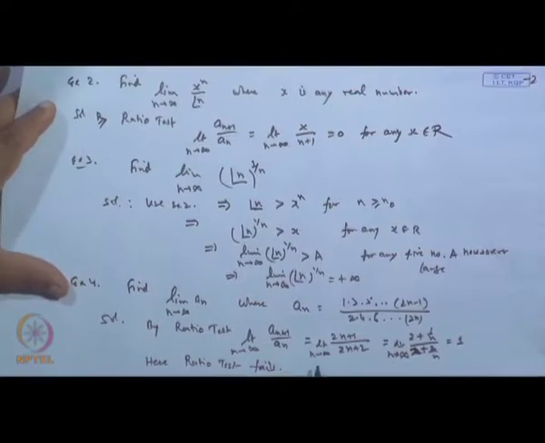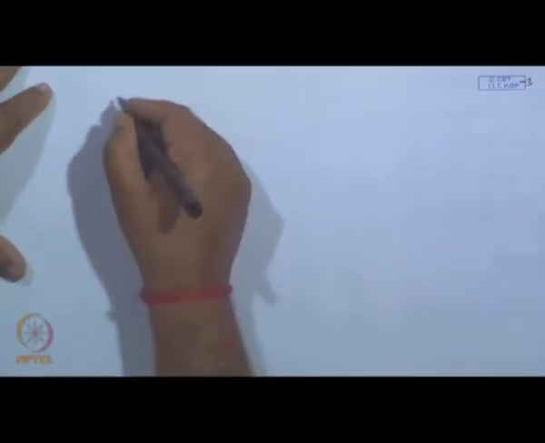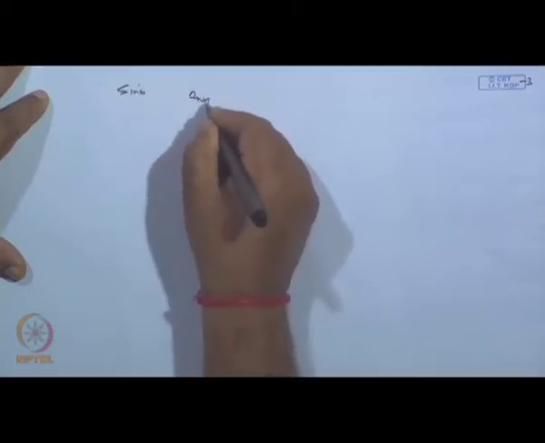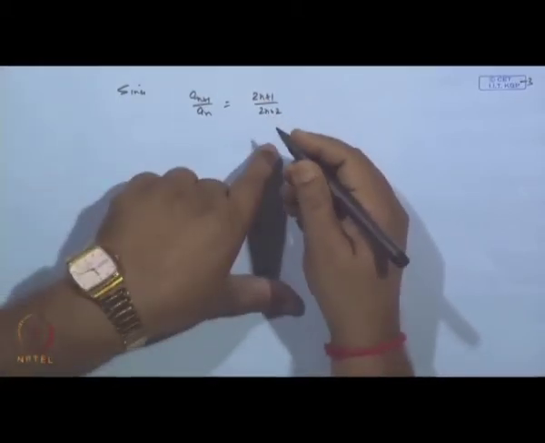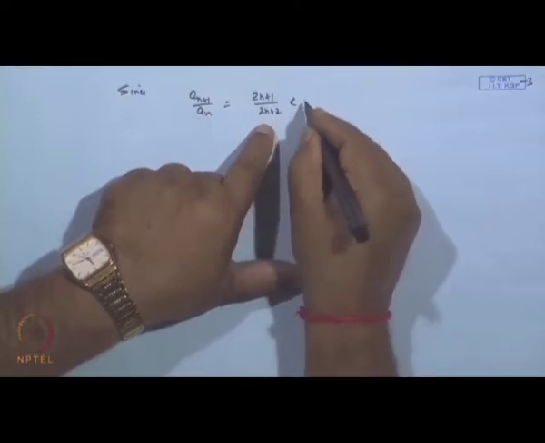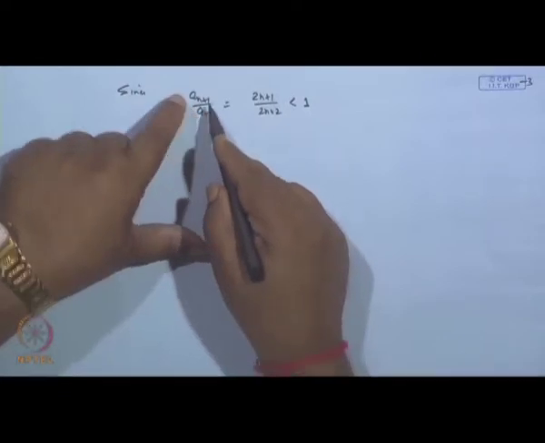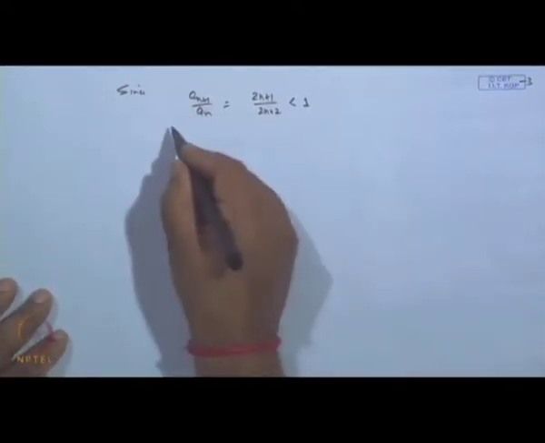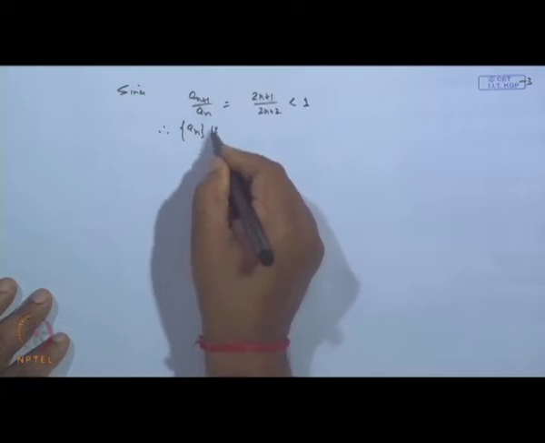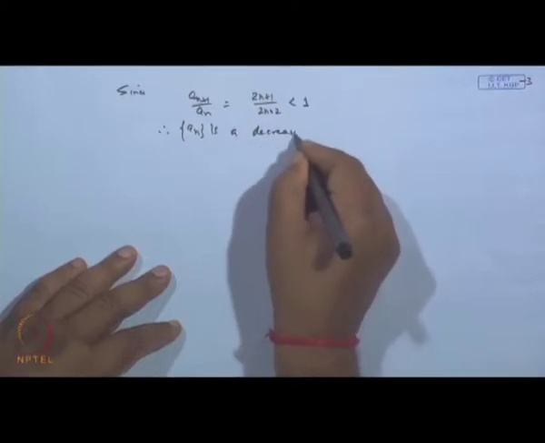This is less than 1, since the denominator is higher than the numerator, so the ratio is strictly less than 1. It means the nth term is larger than the (n plus 1)th term. So, for n equal to 1, 2, 3 etcetera, it keeps on decreasing. Therefore, the sequence a n is a monotone decreasing sequence.